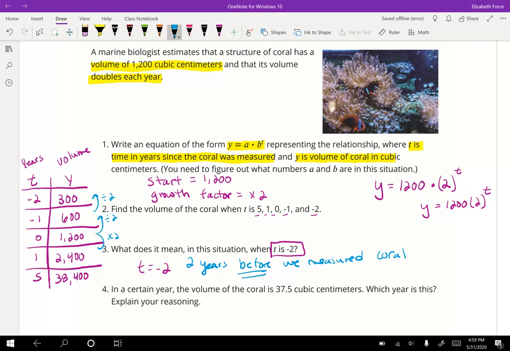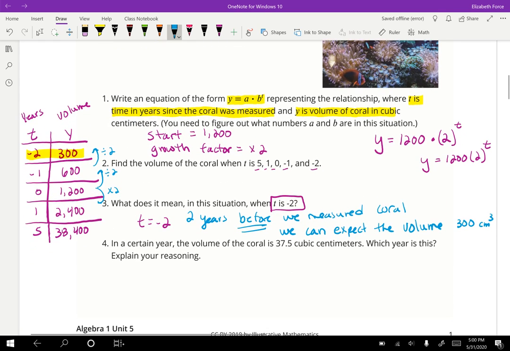We can expect the volume, so if we go to our table right here, we can expect the volume to be 300 cubic centimeters, so centimeters cubed.